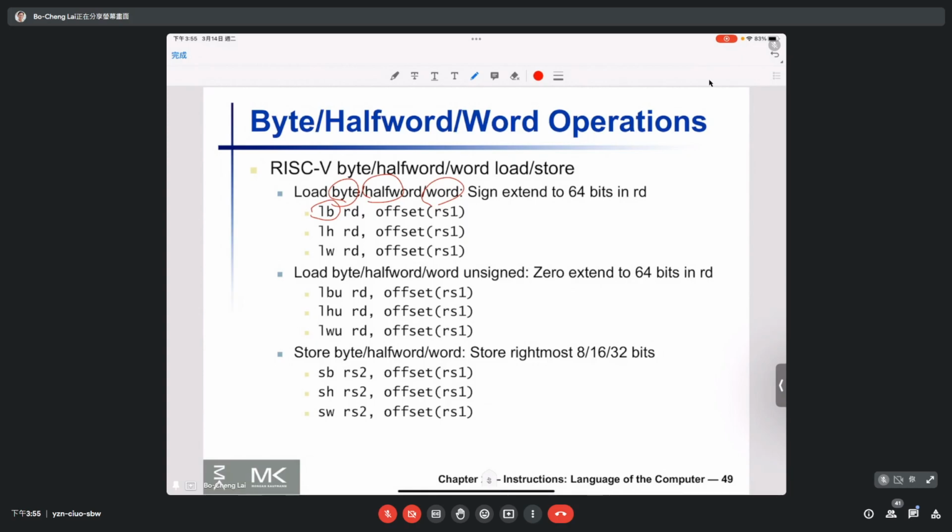So you can load it in a signed manner or unsigned manner. Sign 跟 unsigned 就是有没有正负号的意思嘛？Sign means you have positive values and negative values.